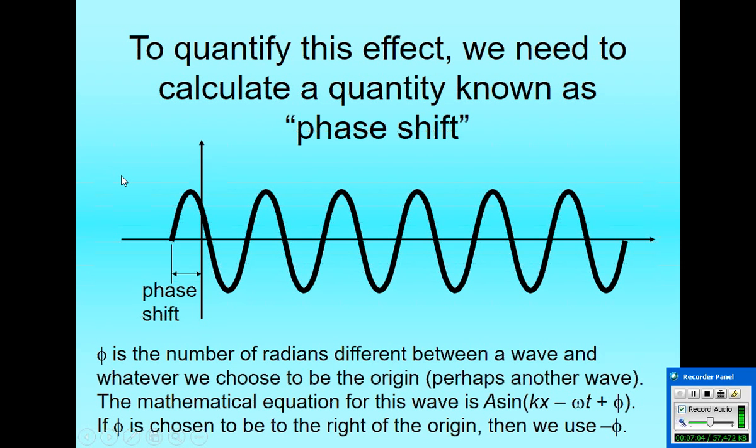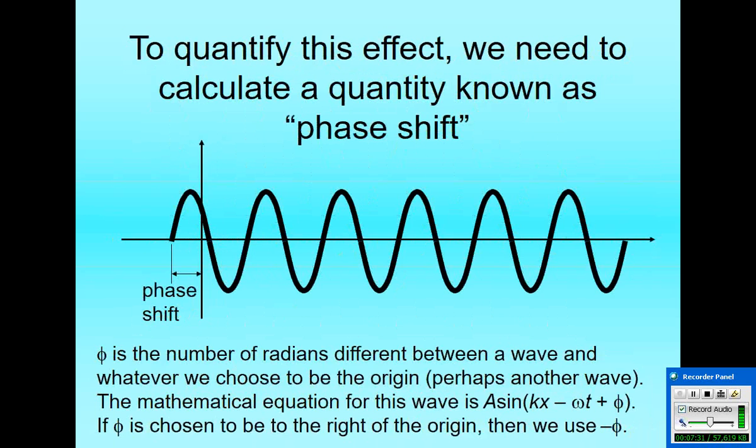In between those extremes, we have a continuous spectrum of possibilities. And so I want to look at a more general approach rather than just limiting ourselves to perfectly constructive or perfectly destructive. In order to handle this mathematically, we have to consider the concept of phase shift.